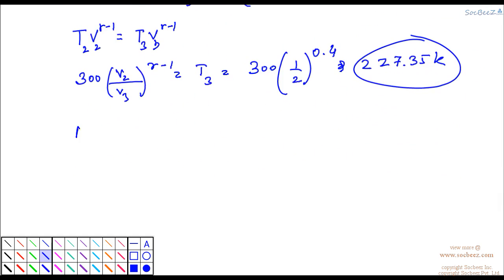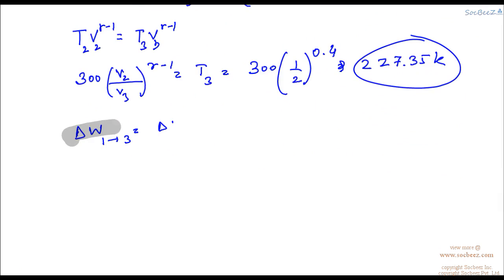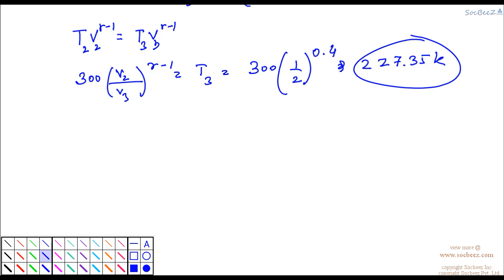Now let's try to find the work done. Work done for the whole process, that is 1 to 3, is given by work 1 to 2 plus work 2 to 3.